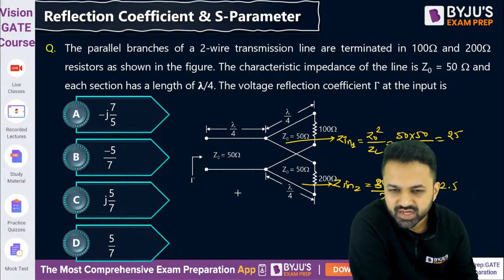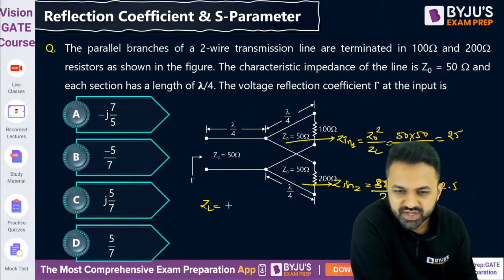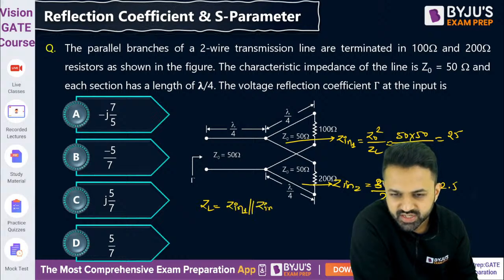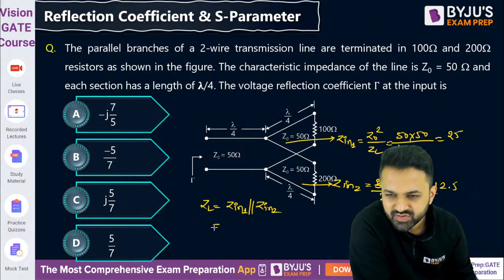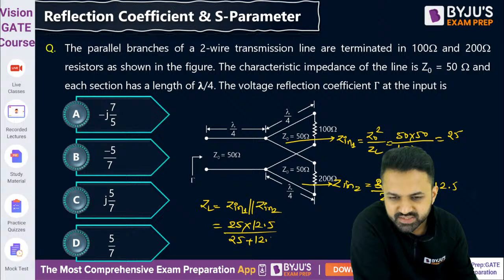So these two are in parallel. So the load impedance will be Zin1 in parallel with Zin2. So 25 in parallel with 12.5 you will calculate. So how much is it? It is, I think, 25 by 3.